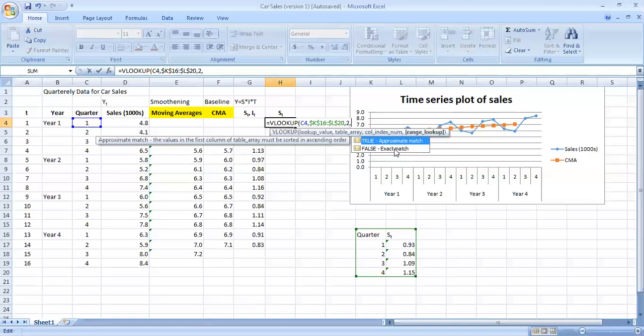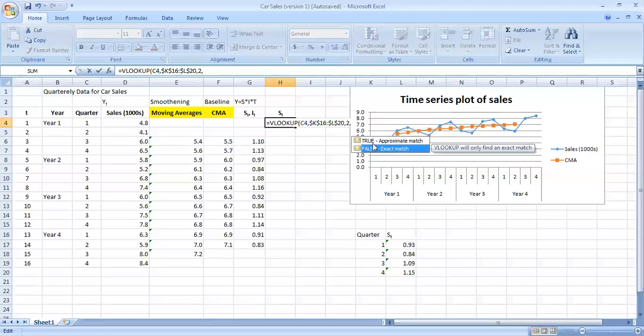We are going to ask Excel, if the value here is 1, you have to look into this one and take the value that is there in the second column here. So we would be choosing the false, exact match here.